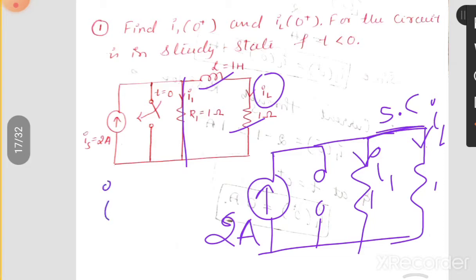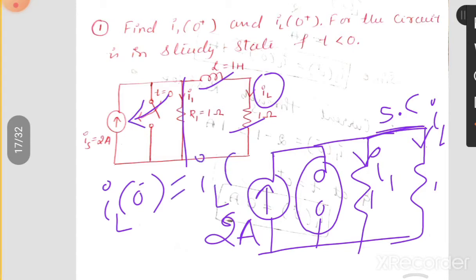We have to calculate IL just before the action, just before closing the circuit, when it was open: IL of 0 minus. IL of 0 minus will be equal to IL of 0 plus, because this is an inductor. When the switching action takes place, the current will not change immediately. We have proved this, and you can make use of it.